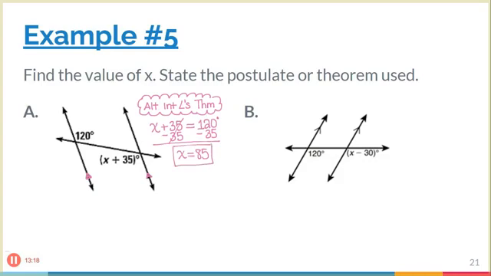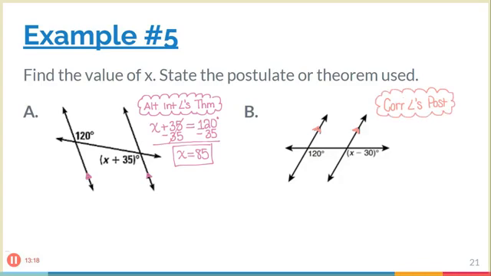If we look at B, again, we have our two parallel lines, so we're ready to go. So I'm going to ask myself what type of angle relationship exists between those two angles. And they are corresponding. They are in the same location. They are just in a different group. So I'm using the corresponding angles postulate.